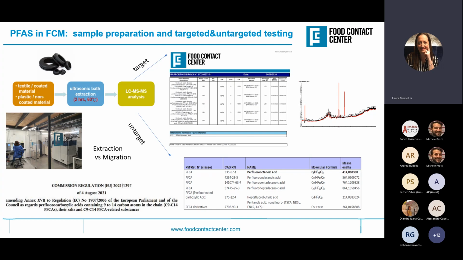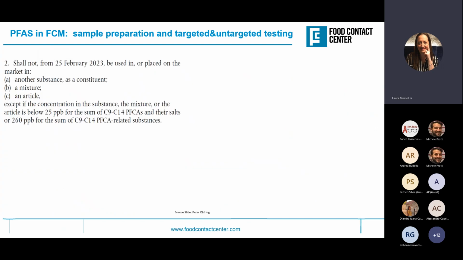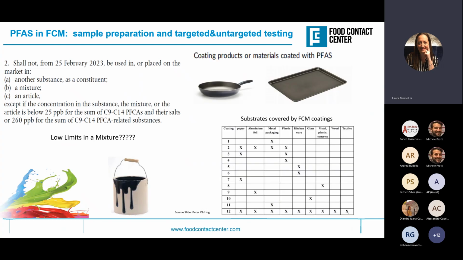Sometimes we have some trouble respecting the ECHA request that refers to the content of some PFAS in the material. And we can read, this is a part taken from the legislation related to the ECHA, that the limits refer also to mixtures.